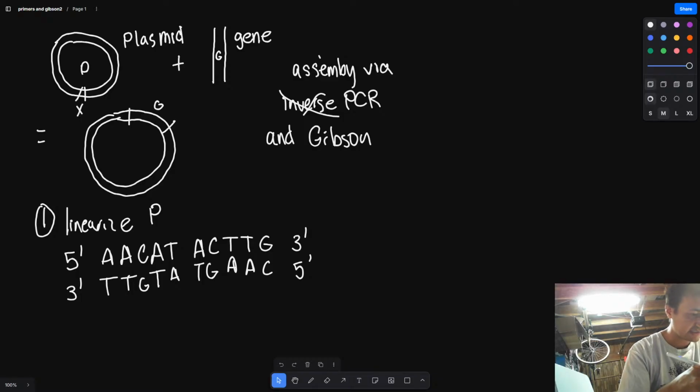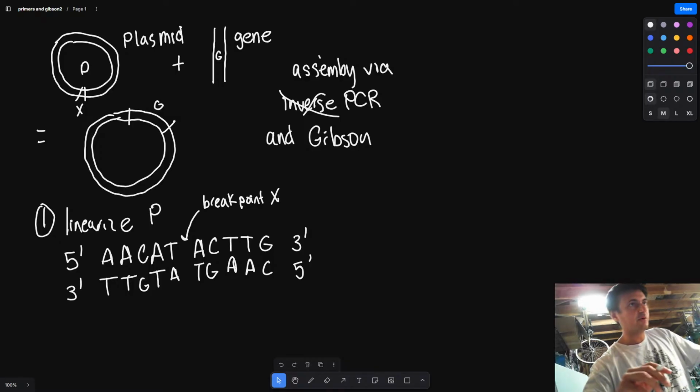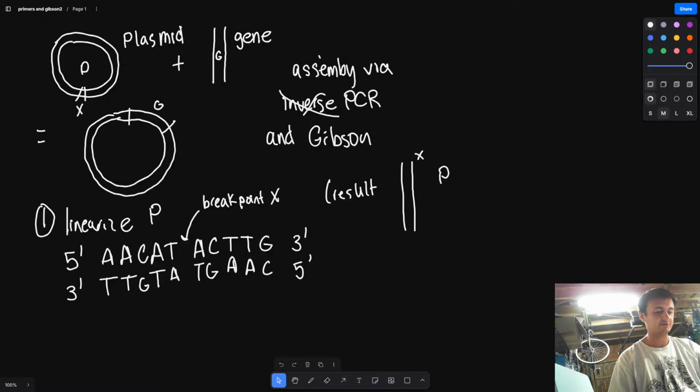We'll call this X. Okay, and we're going to say that there's a break point. So this is going to be the break point. Effectively what we're going to end up with once we linearize is a big long P, but with an X here. So X is here at the start, and you could also think of X as sort of at the end, depending on which side you choose.